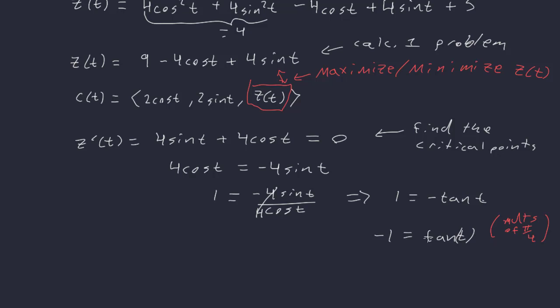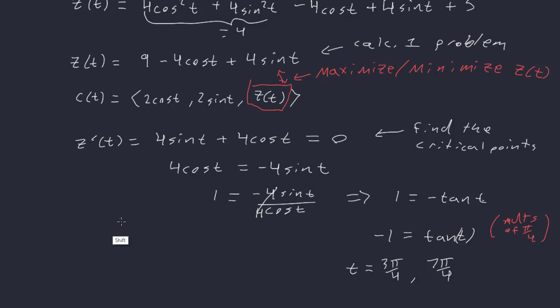But we need it only in quadrants where sine and cosine have opposite signs, right? So this is going to be t equals 3 pi over 4 and 7 pi over 4, right? Quadrant 2 and quadrant 4.